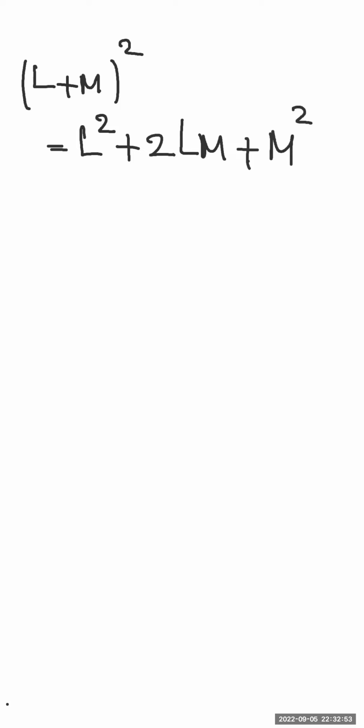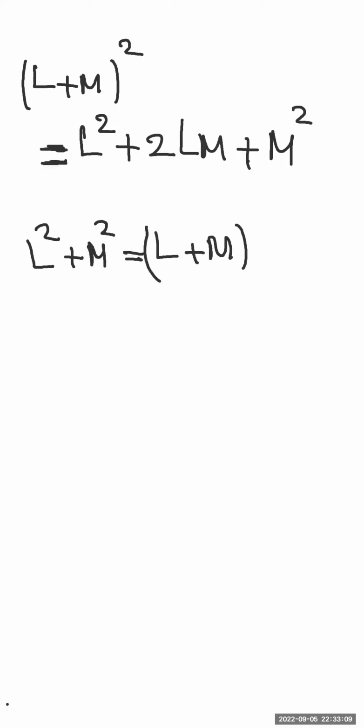From this form, I'm going to get L squared plus M squared separately. So this means it will equal L plus M all to the power 2 minus 2LM.